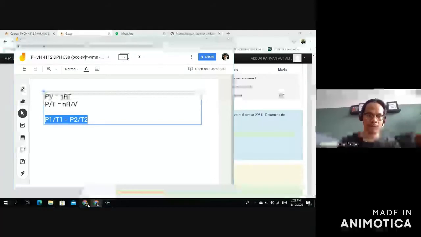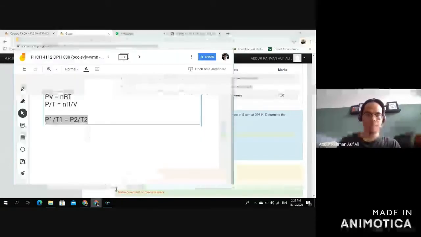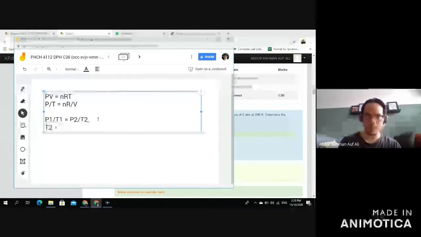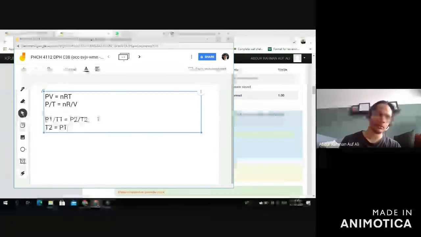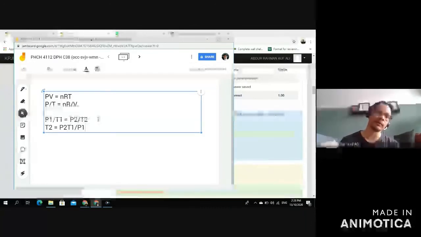It asks you to determine the temperature. So you need to determine T2. So make T2 your unknown. So T2 equals P2 times T1 divided by P1.